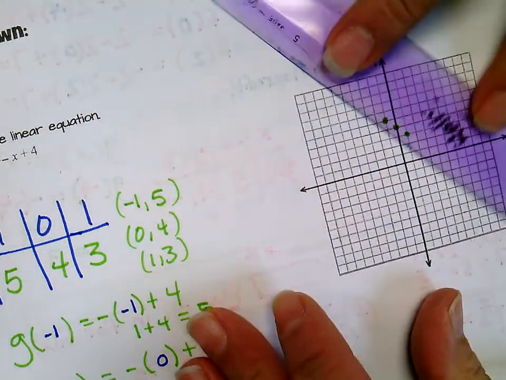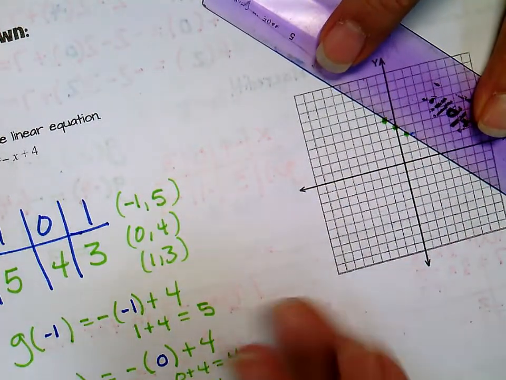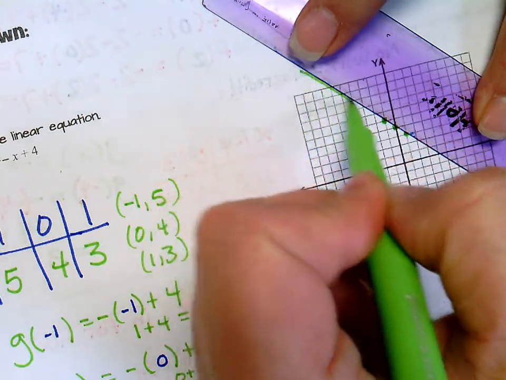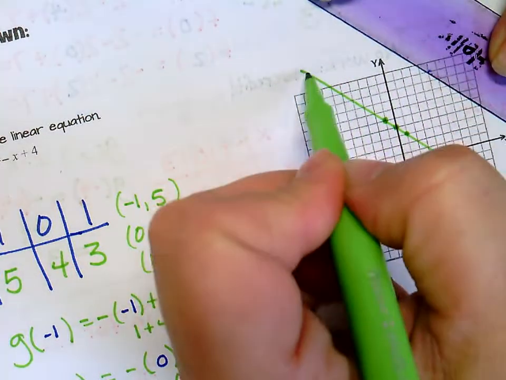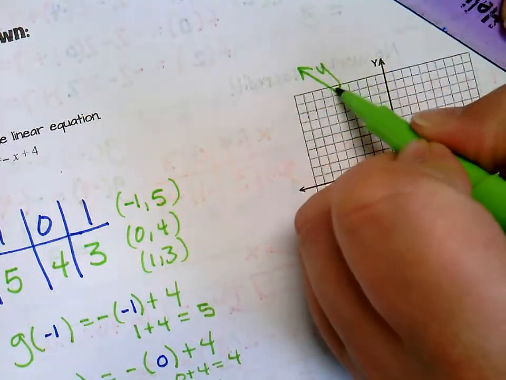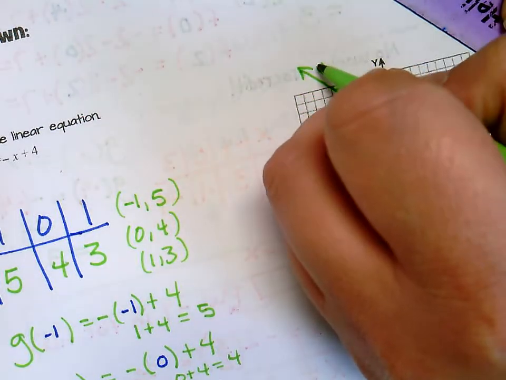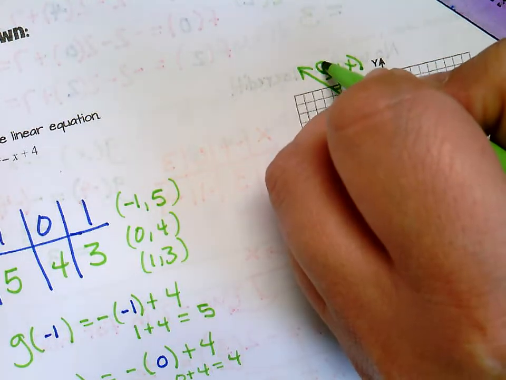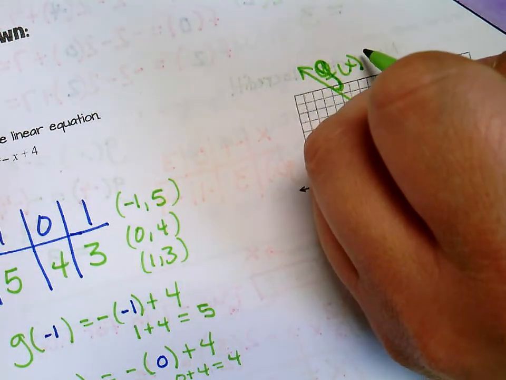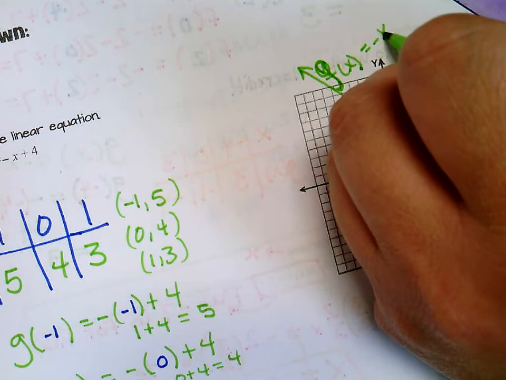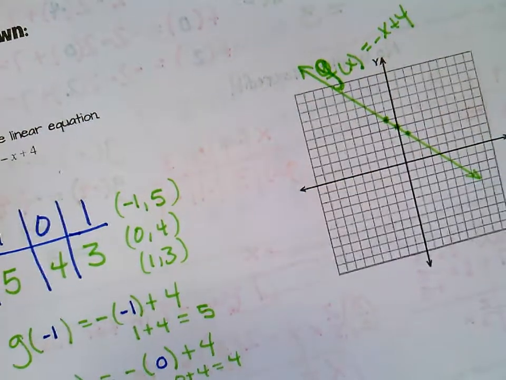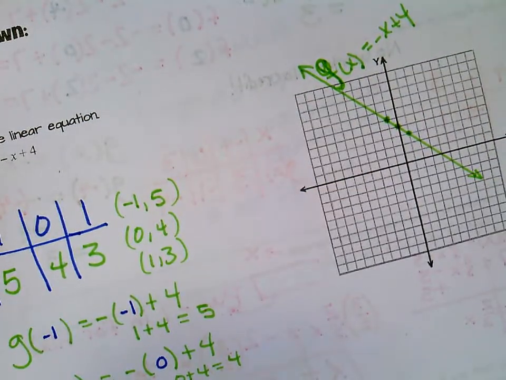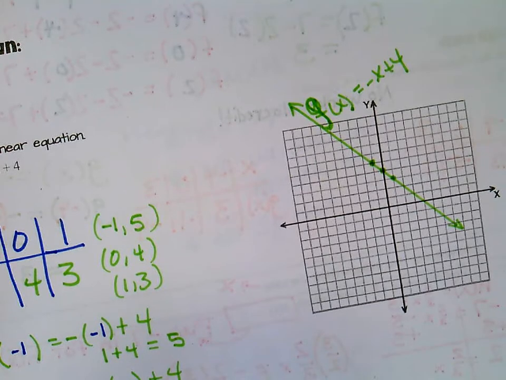I'm going to take my straight edge. And, I am so sorry, f of x, oh, this is a g, just kidding, g of x equals -x plus 4. That's the name of my line. Okay? Hopefully you got that. And yeah, cheers.